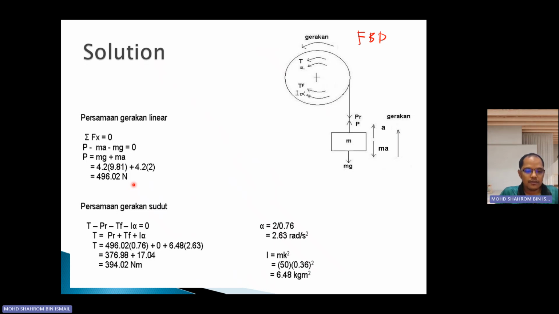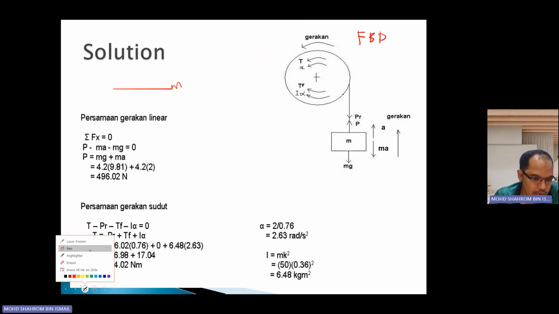For the linear motion, the formulation to solve it is like this. We have P equal to mg plus ma. So we know what mg is. Sorry, let me erase this whole thing first.